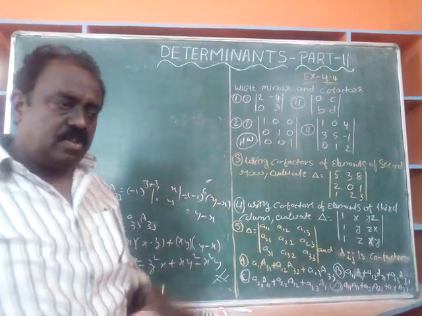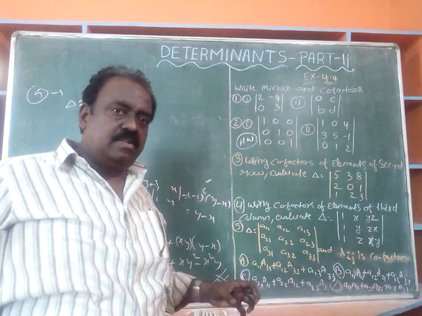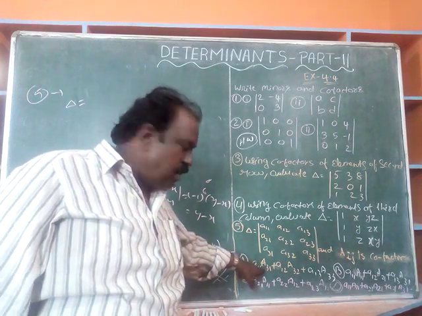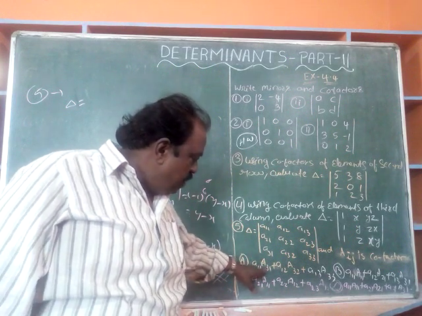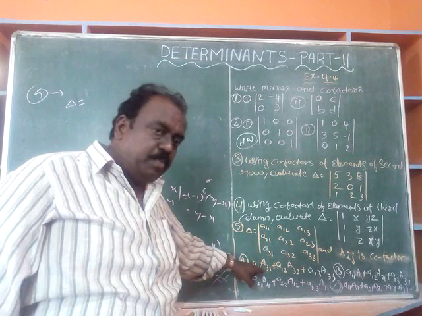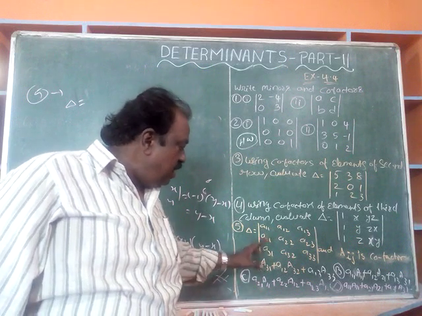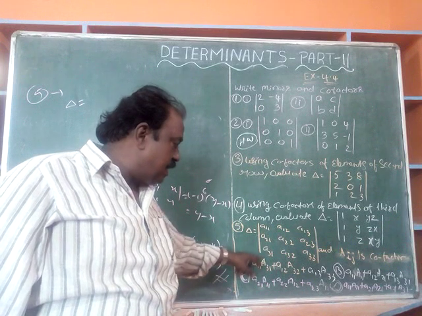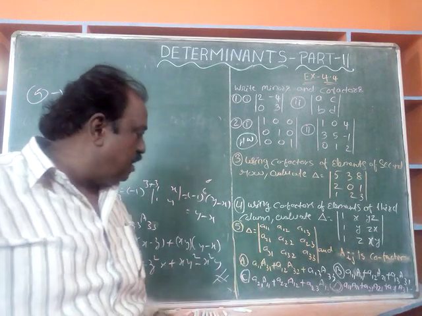Delta means the sum of products of elements with their corresponding cofactors. Here a11 must go with capital A11, but here A31 is the cofactor of small a31. It is not the correct definition, so it is not correct.